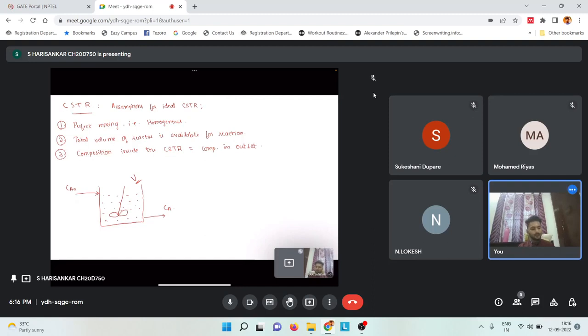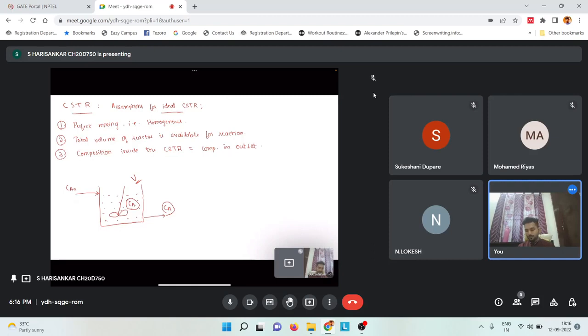These are the assumptions for an ideal CSTR. Note the term ideal CSTR. The third assumption is that the composition inside the CSTR is equal to the composition in the outlet. The outlet composition is given as Ca, so at any point inside the CSTR, the composition is again Ca.